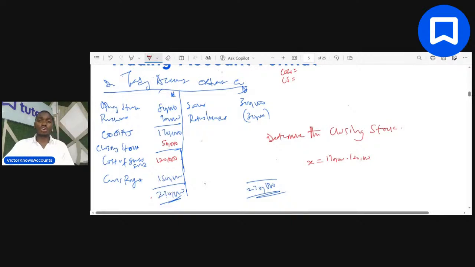So let your cost of goods sold be X and let your closing inventory be Y. Let's start from cost of goods sold, which is X. As we can see here, don't forget, your gross profit is equal to your net sales minus cost of goods sold. Now, let us put figures to this.